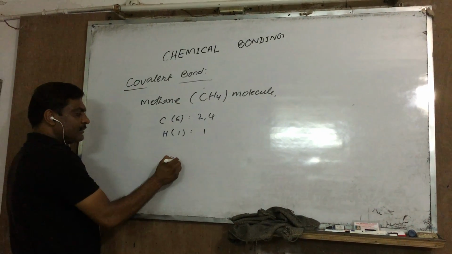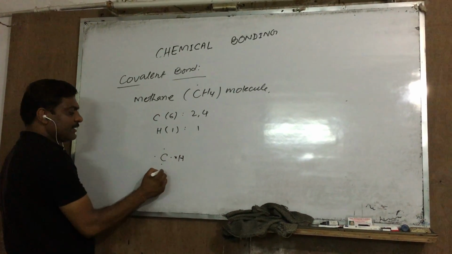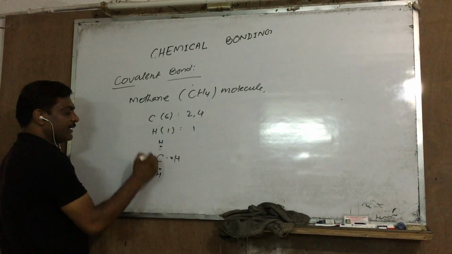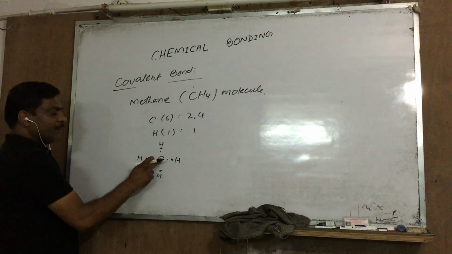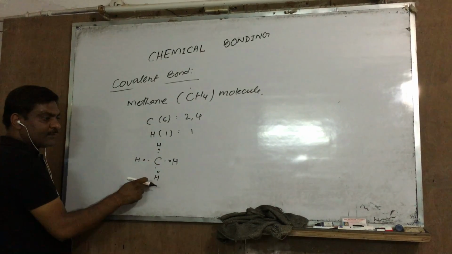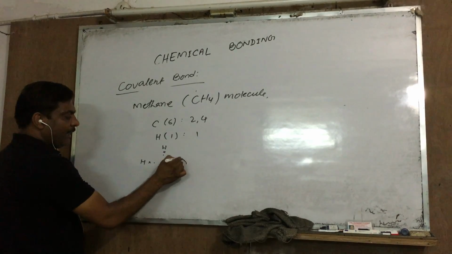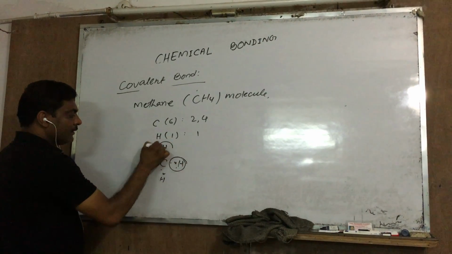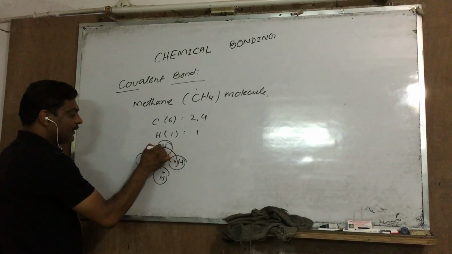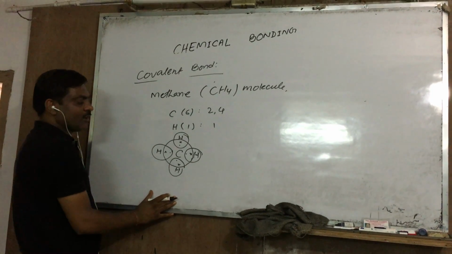So carbon has 4 electrons. Hydrogen has 1 electron, and there are four hydrogen atoms. Carbon combines with all these hydrogen atoms by single covalent bond, and all the atoms become stable with the electrons in their outermost orbit.